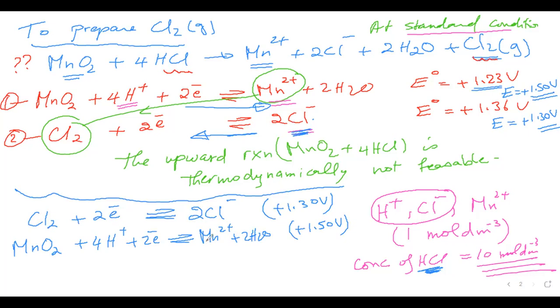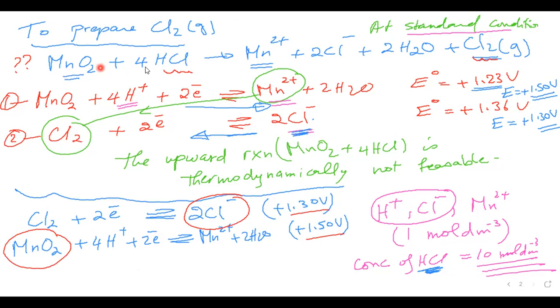Now, when we wrote the equations in that way with the new E values, which species is going to react with the other? The chloride ion is going to react with the MnO2. Yes.